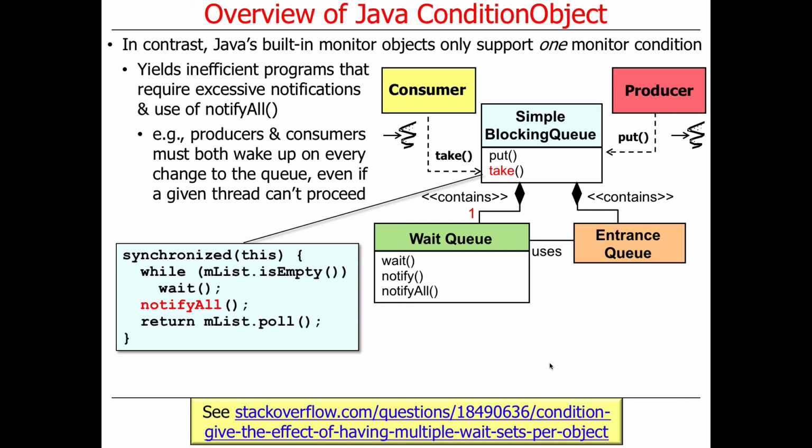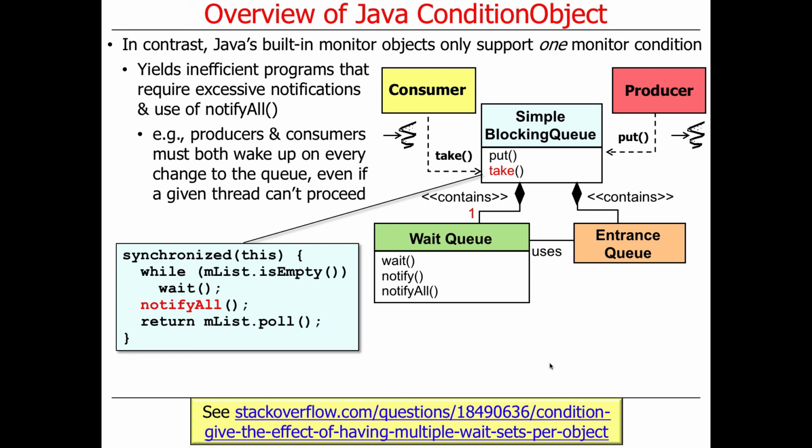So for example, if you implement the simple blocking queue, which is one of the implementations in my GitHub repository, you'll see that whenever it puts or takes something into the queue, it calls notify all, which wakes everybody up, even though you don't really have to wake up one half of the waiters because they're not waiting for what you just did, right?